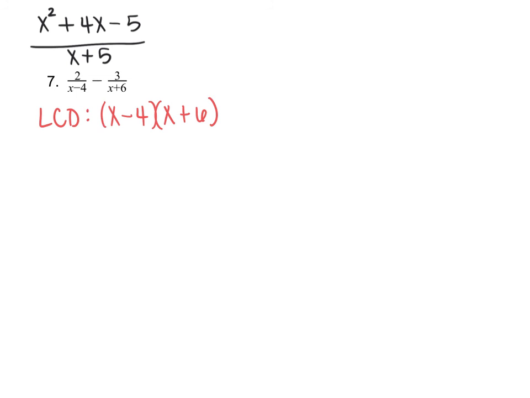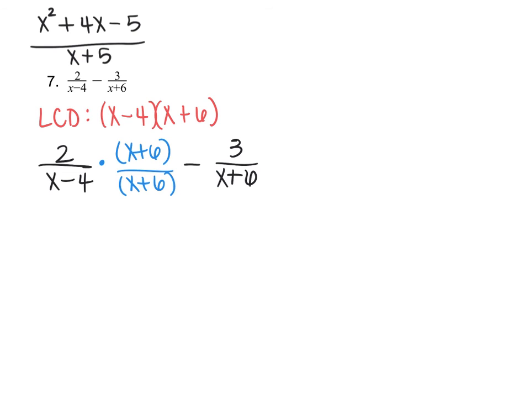I now need to multiply each fraction by the expression it's missing out of the LCD. So 2 over x minus 4 is going to get multiplied by x plus 6, and then 3 over x plus 6 is going to be multiplied by x minus 4.